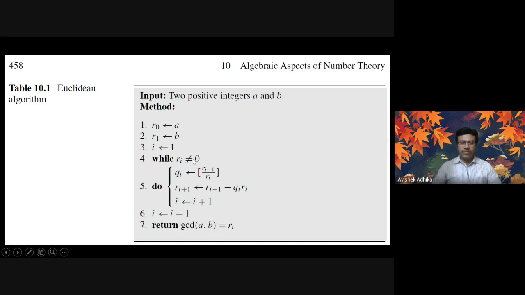Start with this, and continue finding the remainders. At the end, when the remainder becomes 0, it will go out of the loop. Have a look at the counter: suppose it comes with some value, then go to the previous step, and whatever the value of Ri is, that gives you the value of the GCD.